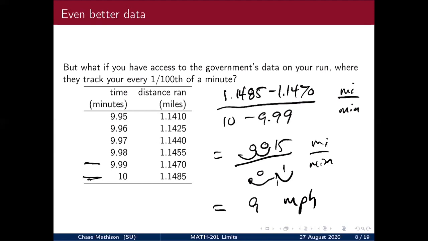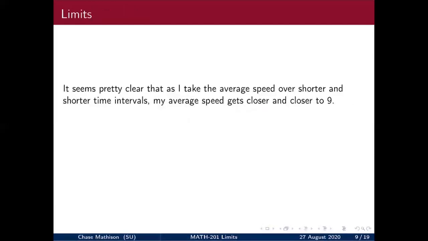So what do we think is our speed at 10 minutes? Anybody have a guess? A wild guess? If I take my average speed over these shorter and shorter time intervals, it's getting closer and closer to, or I mean, really, it's staying at what number? 9, right? This is the whole idea of a limit.